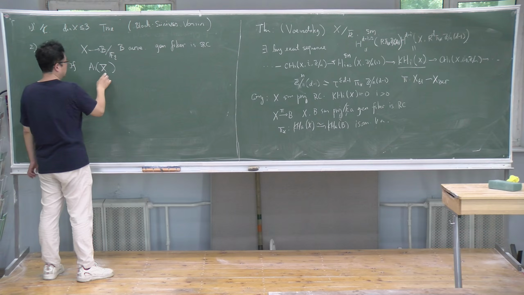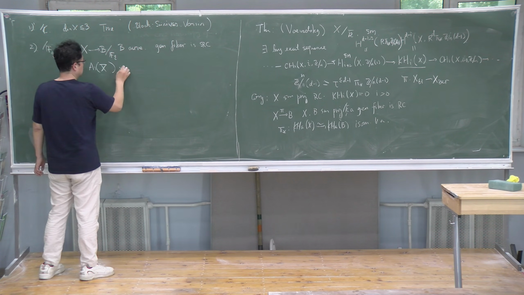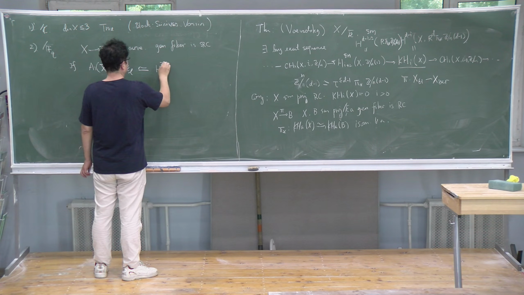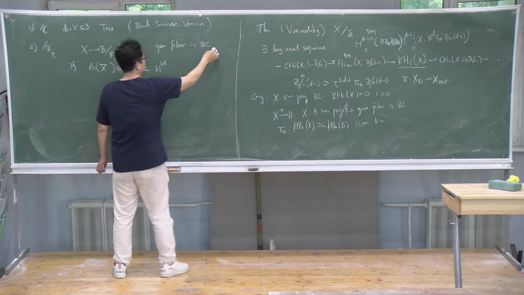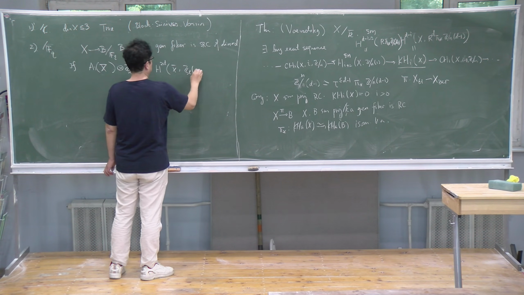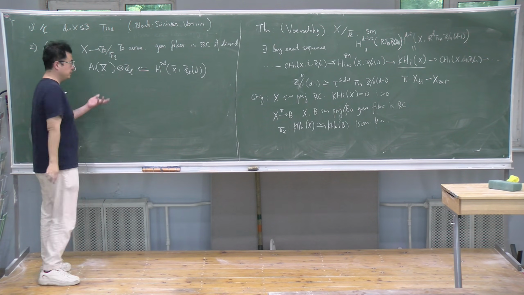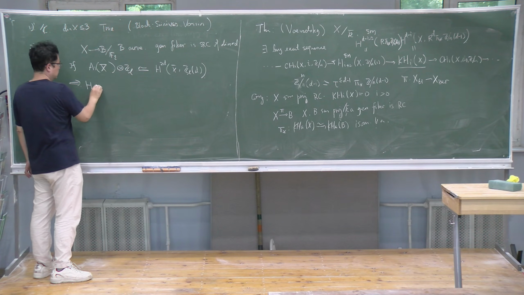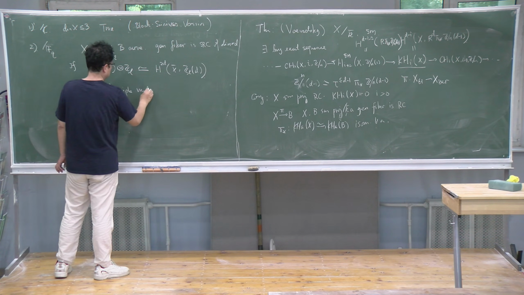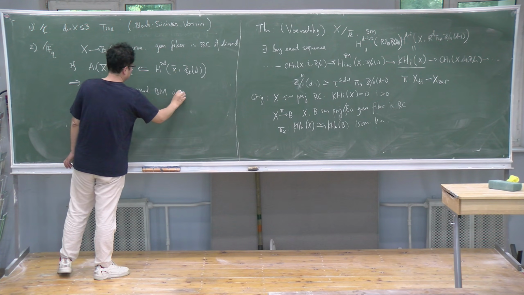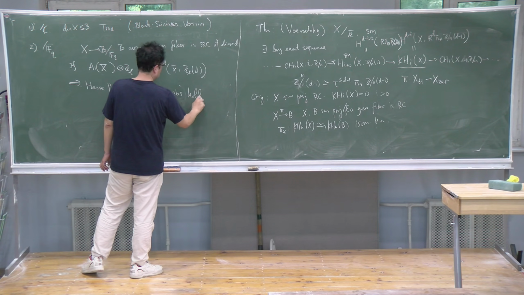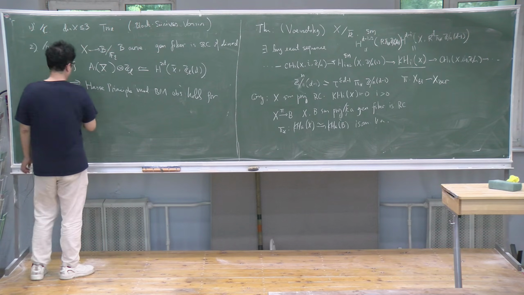Now if A1 of X bar, over the algebraic closure, is isomorphic to H^(2d) of X bar, Z_l(d), okay, then if we have this isomorphism, we know the Hasse principle holds modulo Brauer-Manin obstruction for the generic fiber.